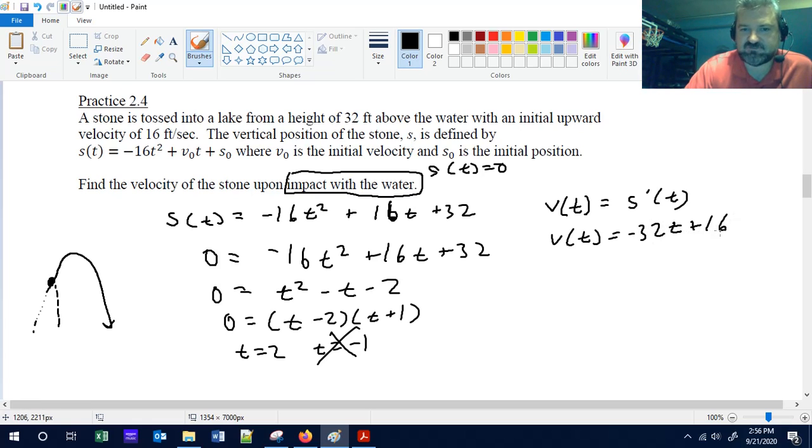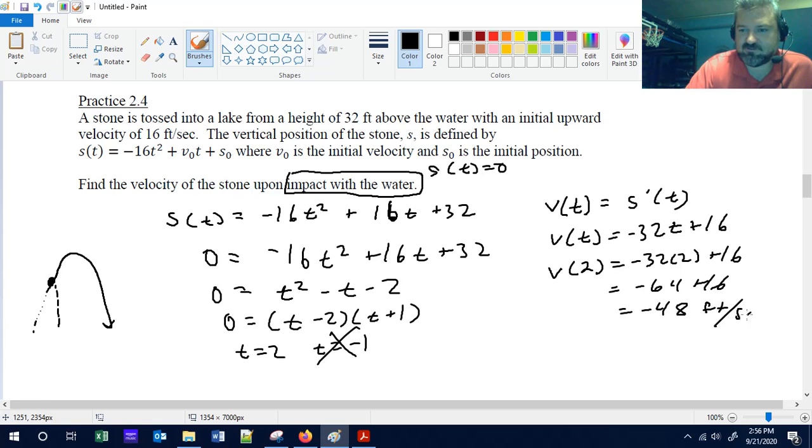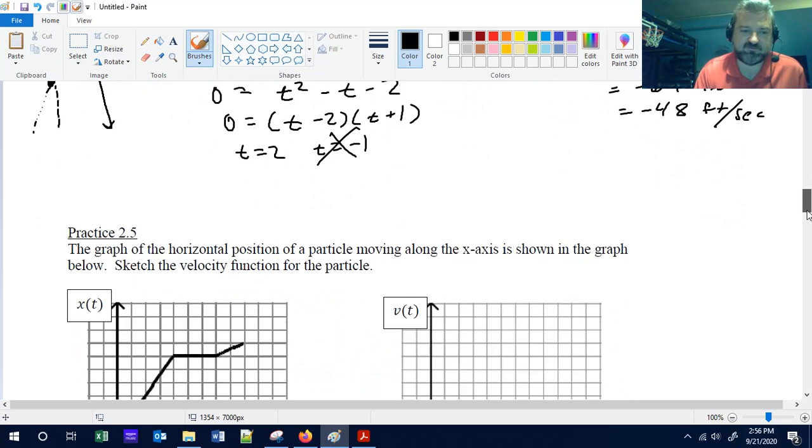And that's the initial velocity. So V at 2 is negative 32 times 2 plus 16, which is negative 64 plus 16, which is negative 48 feet per second. The velocity when the pebble reaches the ground, assuming no air resistance, is negative 48 feet per second when it hits the water, I should say.